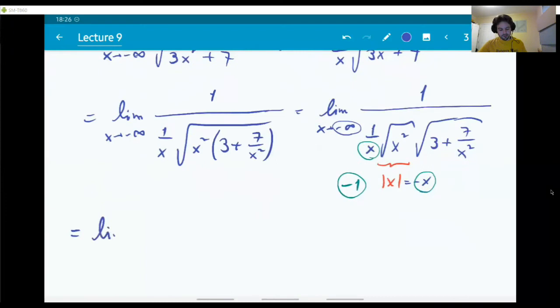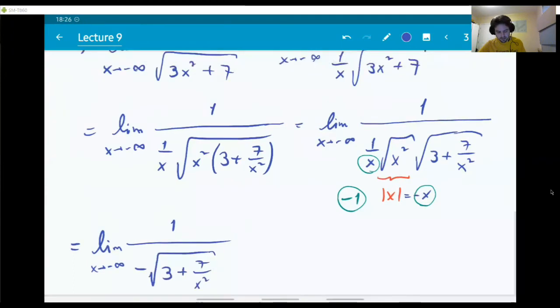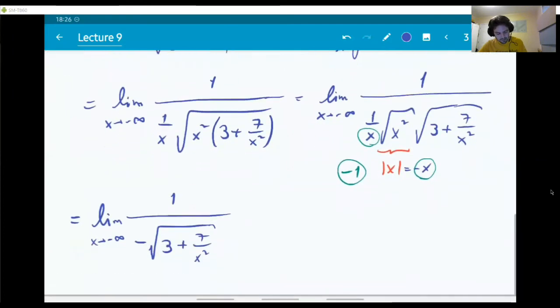So the simplification here works like this: minus root of 3 plus 7 over x squared. All right, what is this? Well, x is going to negative infinity.